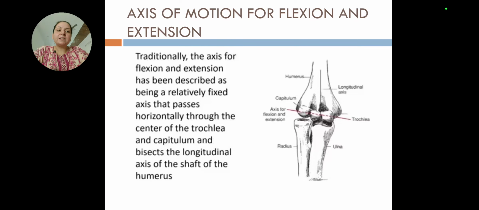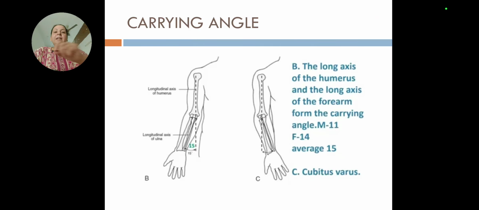The next point which is very important here is the carrying angle. The carrying angle is seen when we put our upper limb in anatomical position. That is, in anatomical position the elbow goes into extension.